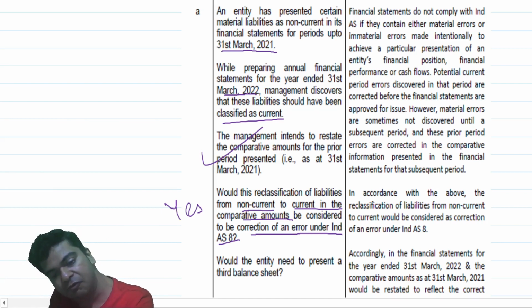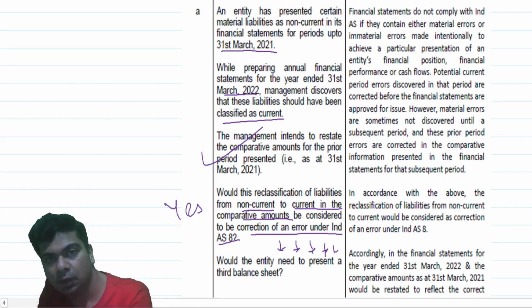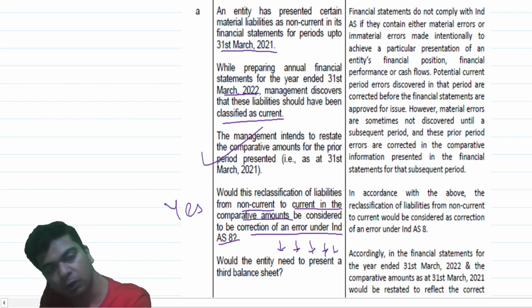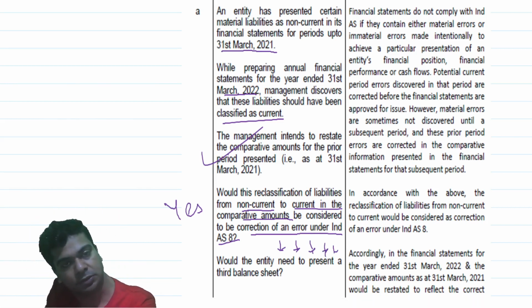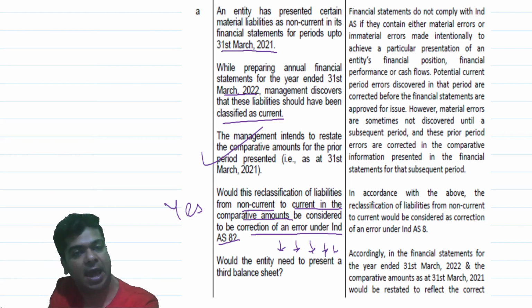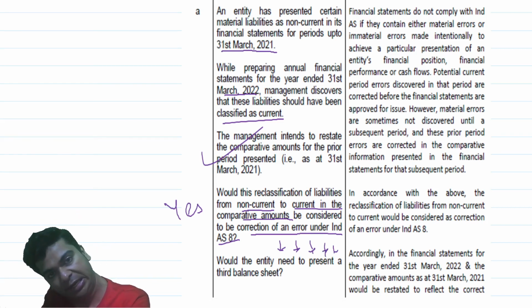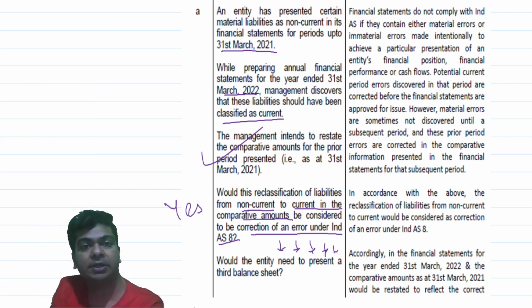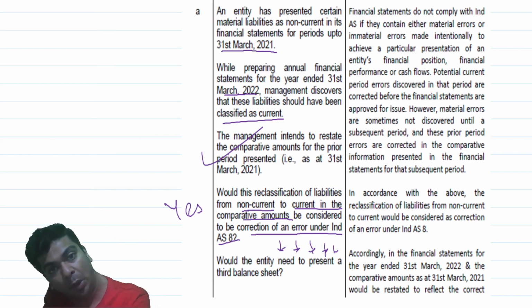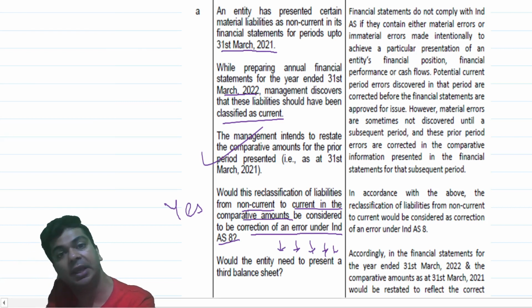Question is, would the entity need to present a third balance sheet? Okay. The question to be asked over here is that because of this error where we have wrongly classified our liabilities, whether this mistake was committed only in the previous year or was it also committed in years before the previous year?